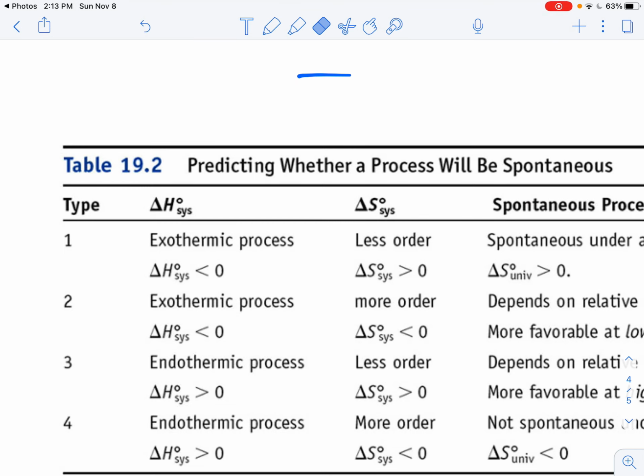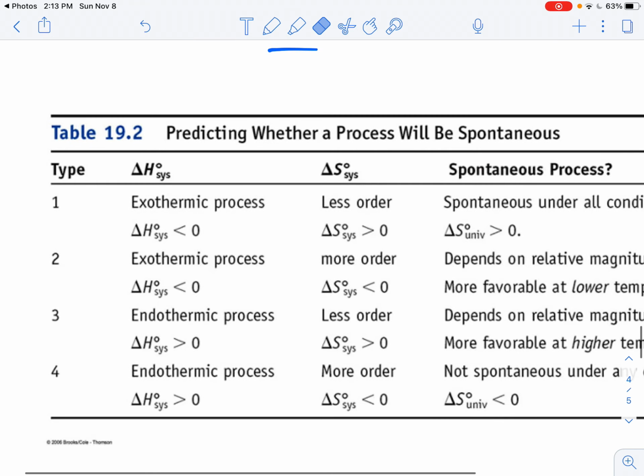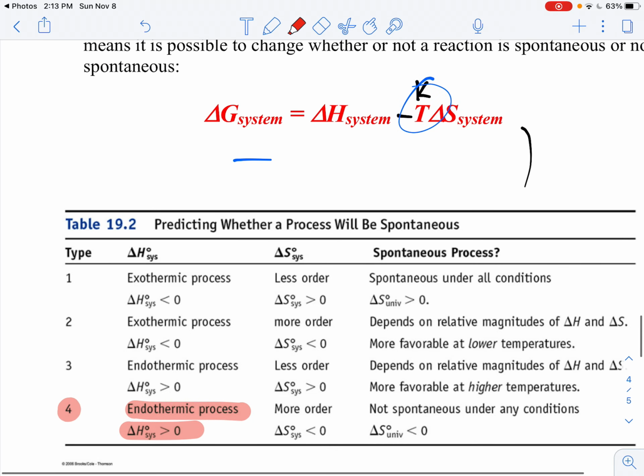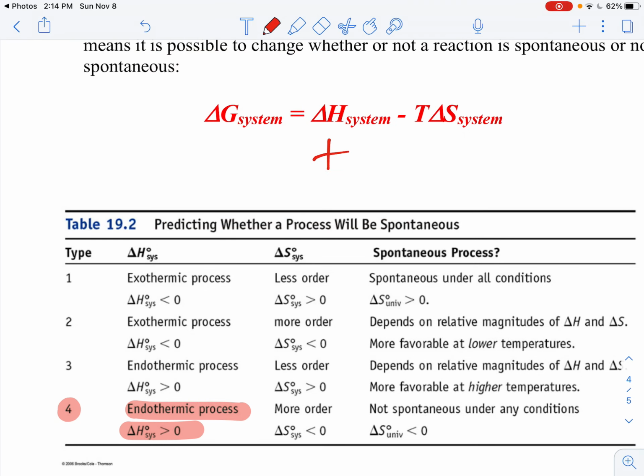But what if we had a system like we had here in number 4? I'm going to jump down to number 4 here and use a different color. What if I had a situation where it was an endothermic process, or delta H is positive?